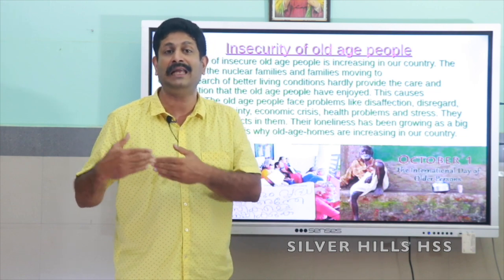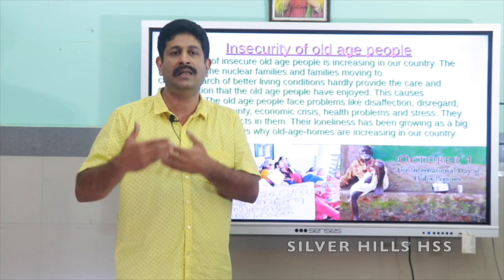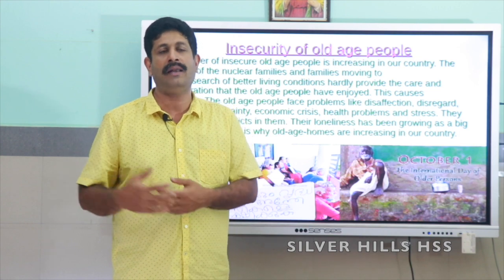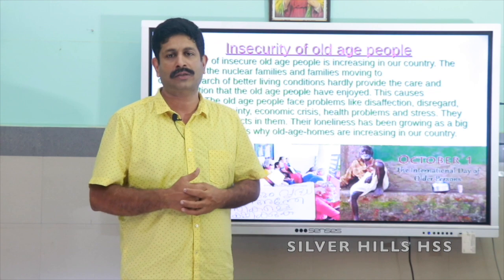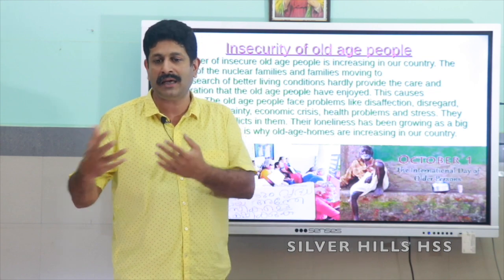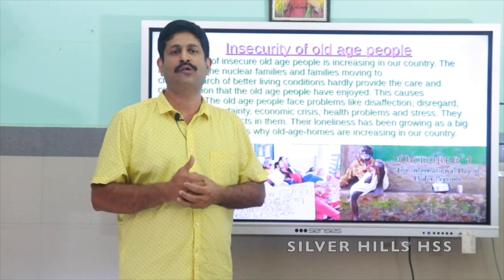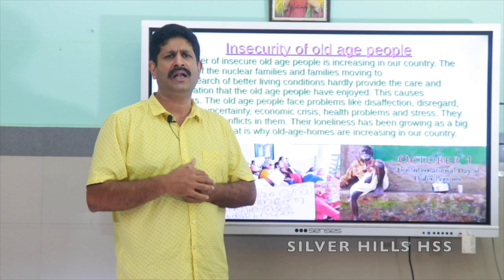Now it is 80, 90. The old age people keep on increasing and they are being secured by the family members and even by the government. But if that does not happen, they are thrown out to the society. They are on the roadside and they are insecure for their daily livelihood. We have already heard certain stories.